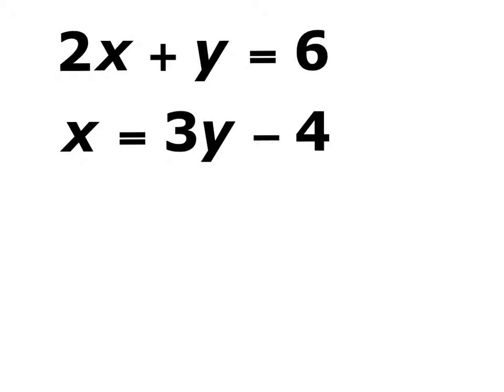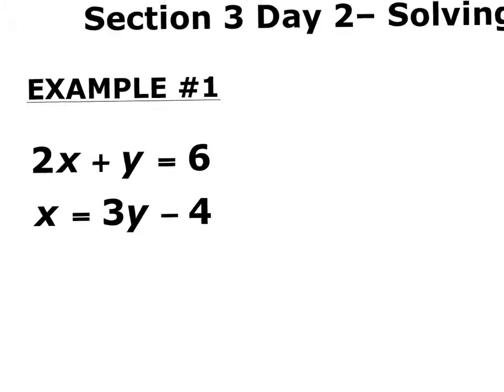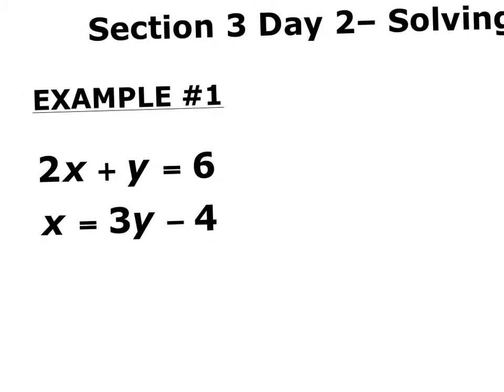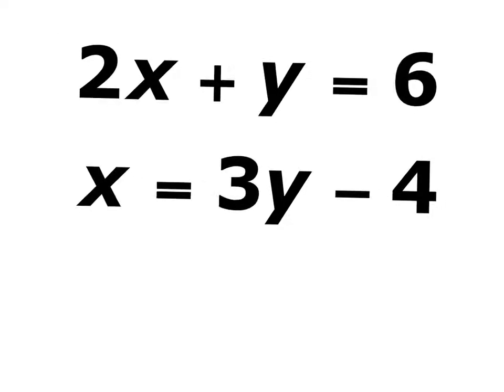Okay, now remember, our first step of solving systems is to decide which one of the equations is solved for already. Okay, so if you look at this, you can see that x is already solved for. Okay, x is all by itself, and that's what x is.